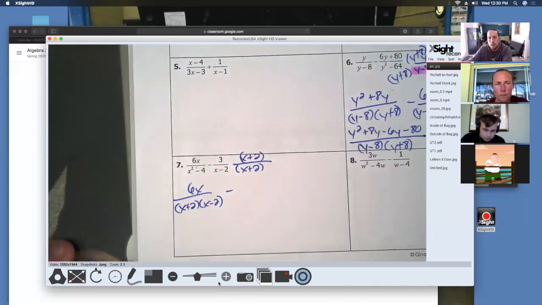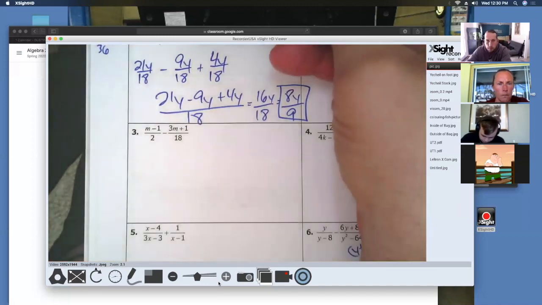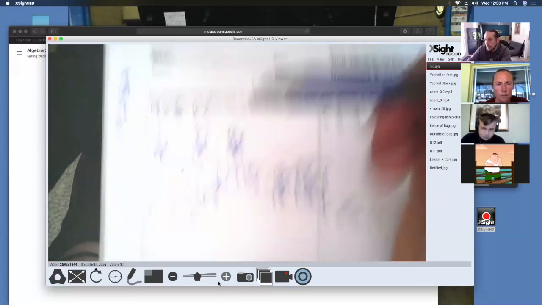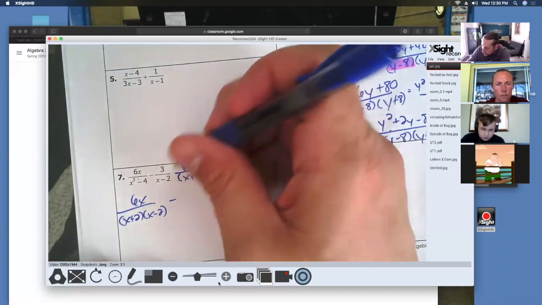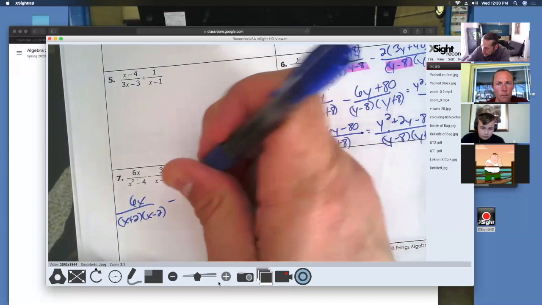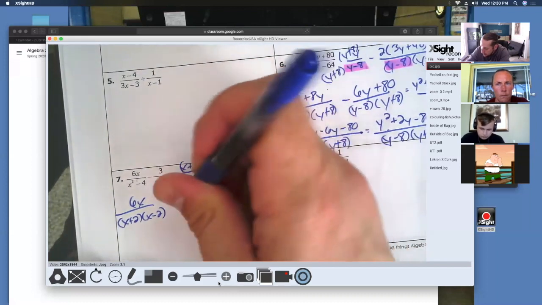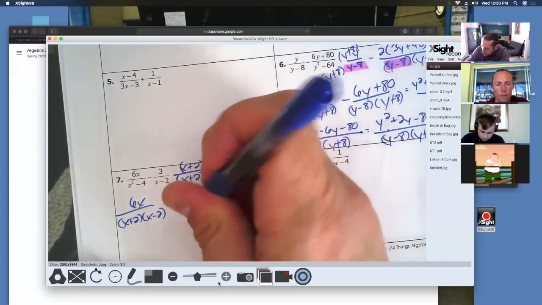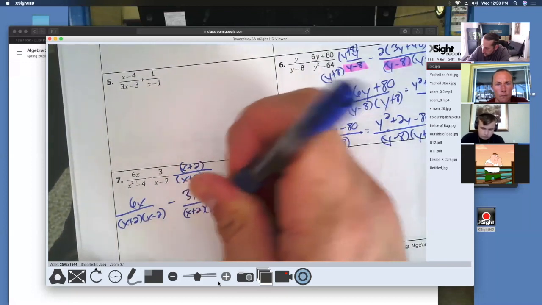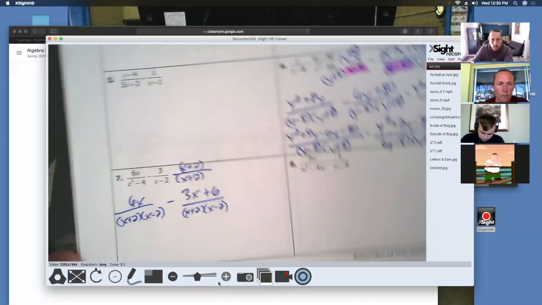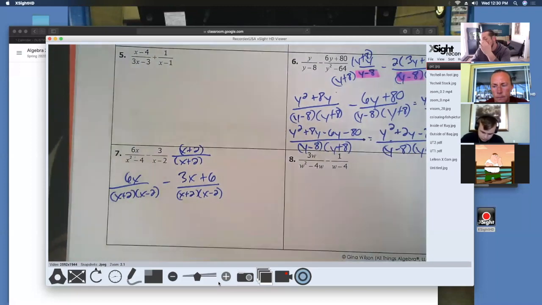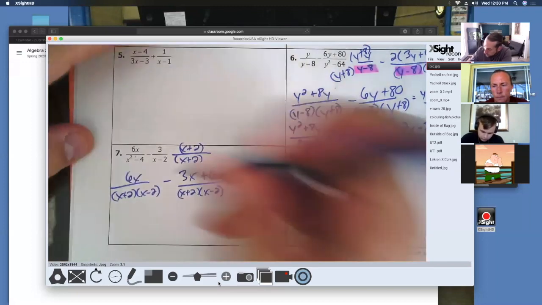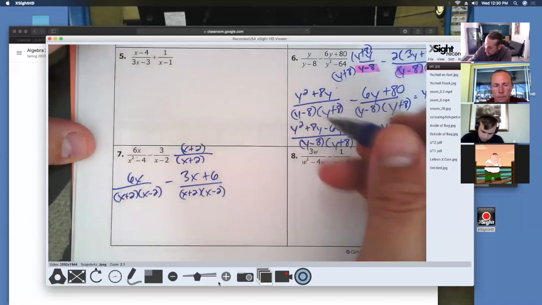The same thing we did up here where we multiplied top and bottom by 2, but here it's a binomial, so you have to multiply by both. I'm going to go ahead and distribute this. That gives me 3x plus 6, and now this is over your x plus 2, x minus 2. All right, and then from there, we can combine like terms on top.